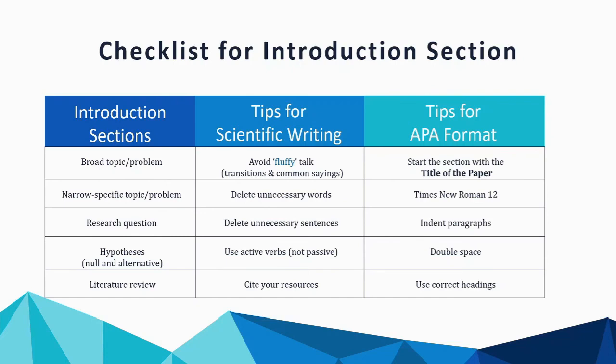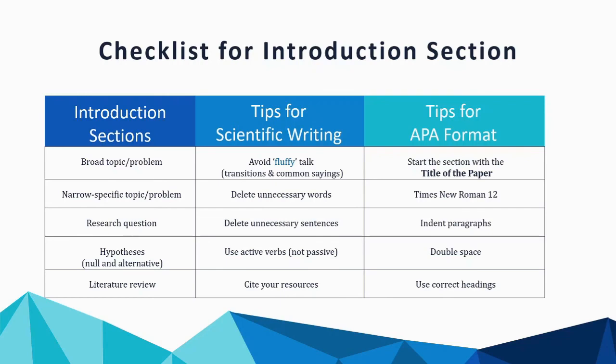And one way that you can do this, and it's something that I learned long ago, and I didn't realize how much I could do this. It was kind of fun to do this for the first few years. You can delete unnecessary words by removing one word from every sentence, and delete unnecessary sentences by removing one sentence from every paragraph. And you would be surprised at how many extra words we actually say when we write or when we speak.